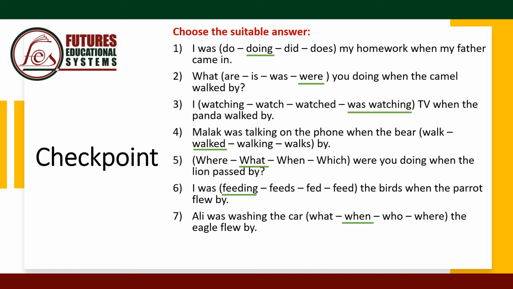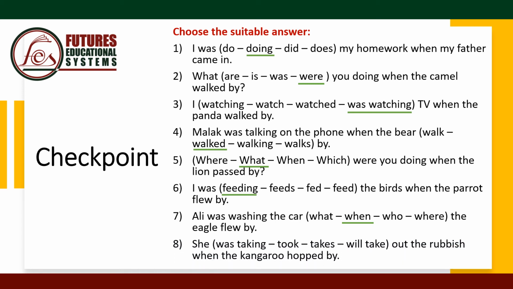Exactly, because this is the when clause that shows what happened, what was Ali doing when the eagle flew by. Number 8: she out the rubbish when the kangaroo hopped by. She was taking out the rubbish when the kangaroo hopped by. Past continuous tense.